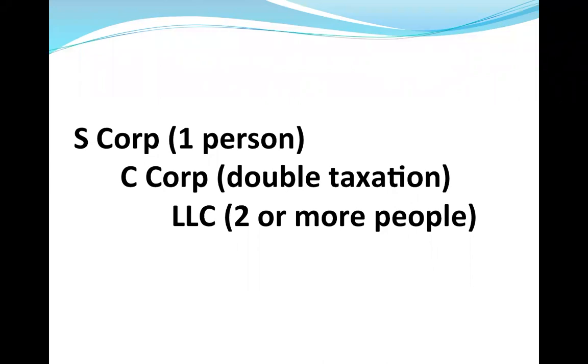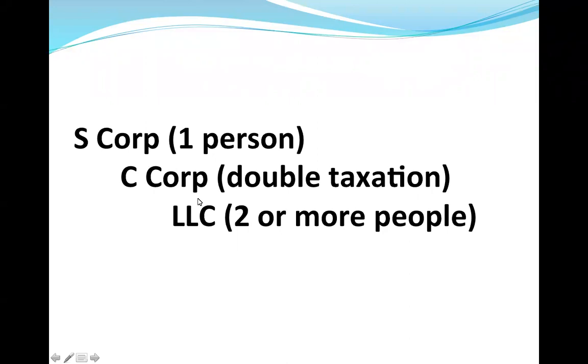It's very simple. If you are going to be working by yourself in real estate, then you can create an S Corp. If you are going to be working with other people, let's say you and your partner or you and your significant other, then you create an LLC. So it's two or more people for the LLC.